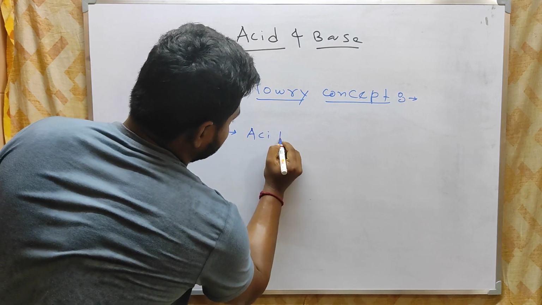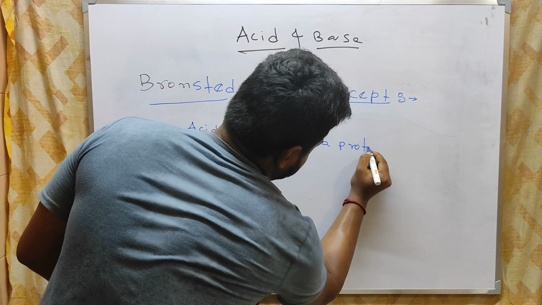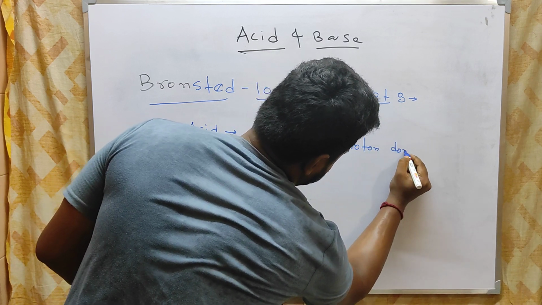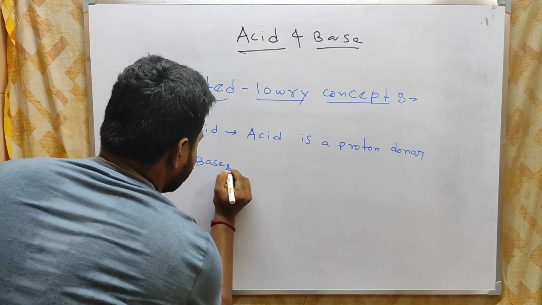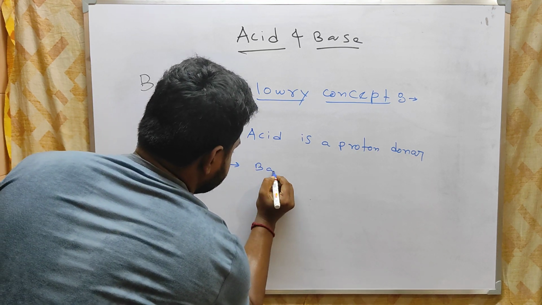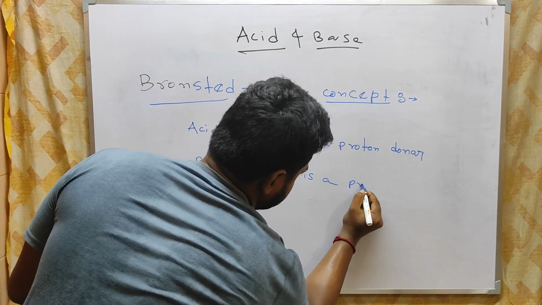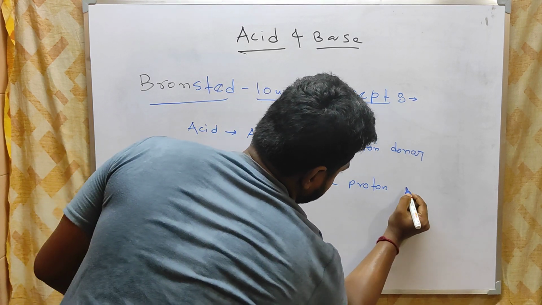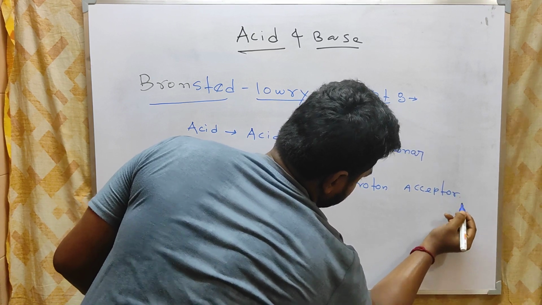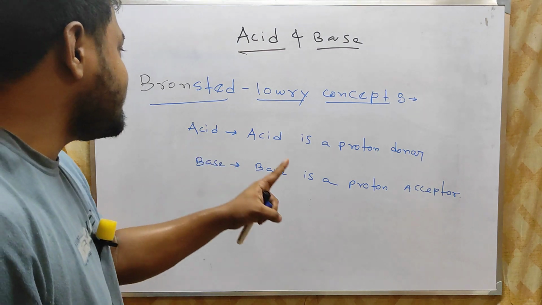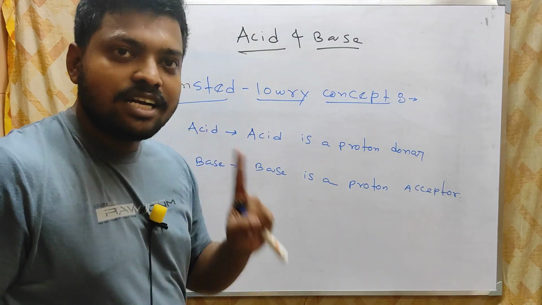What did they say about base? Base is a proton acceptor. So acid is a proton donor and base is a proton acceptor according to Bronsted and Lowry.